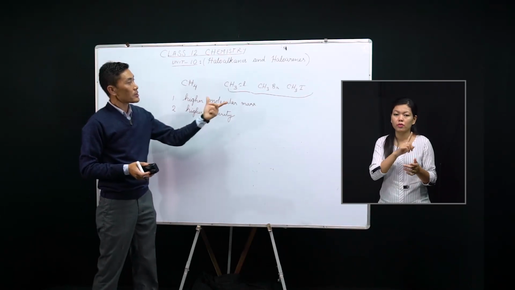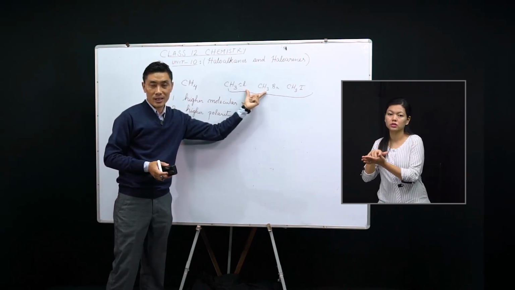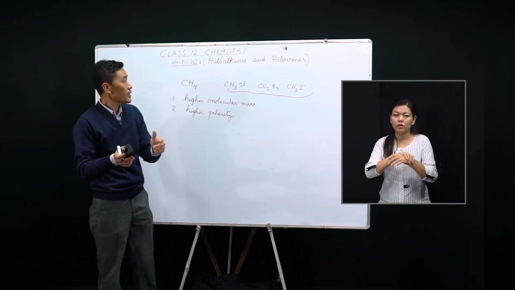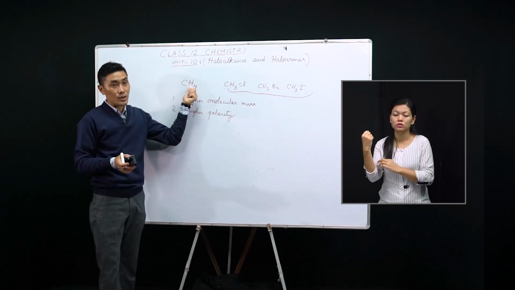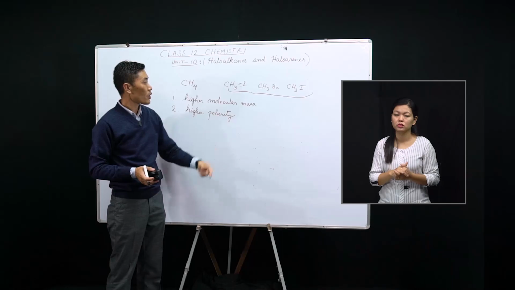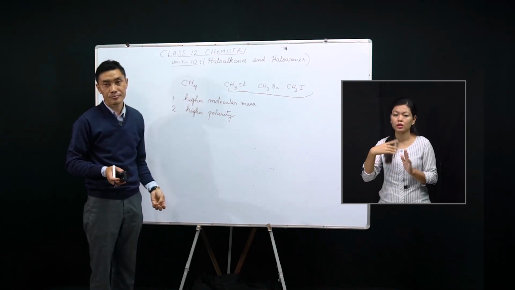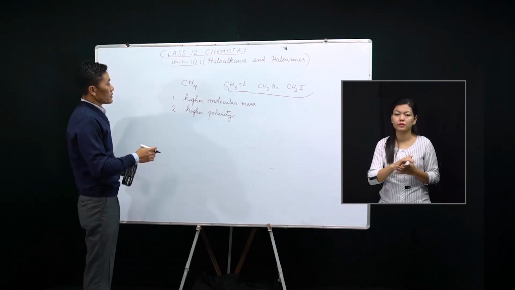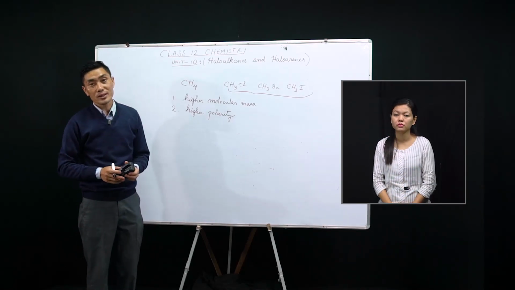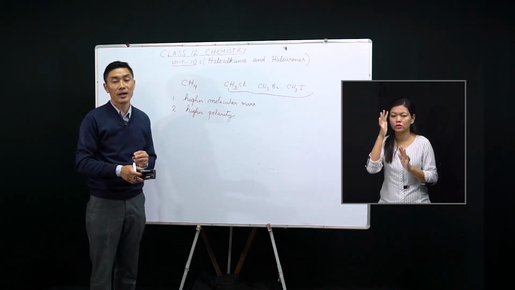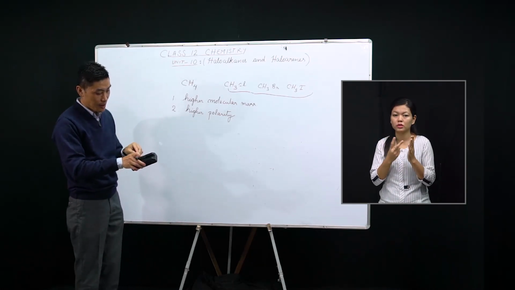So these dipole-dipole interactions that are found in the haloalkanes, being stronger than the van der Waals forces, the boiling points of these haloalkanes will be higher than the parent hydrocarbon. There are some important points again to remember regarding these boiling points of haloalkanes. Let us see some of them.